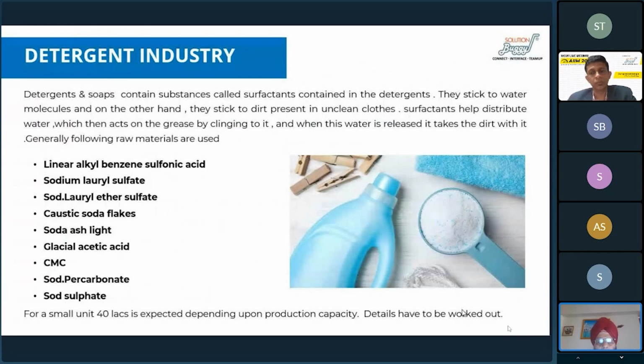Sulfonation is carried out in reactors with oleum, and then the small additives are added at the proper timing. The main ingredient is linear alkyl benzene, and this can be a continuous process also, because sulfonation can be continuous. At certain stages, one by one, these chemicals are added and the finished products can be obtained.